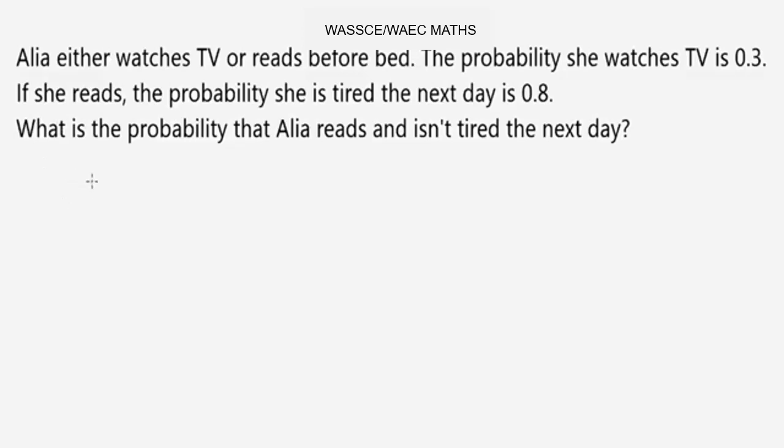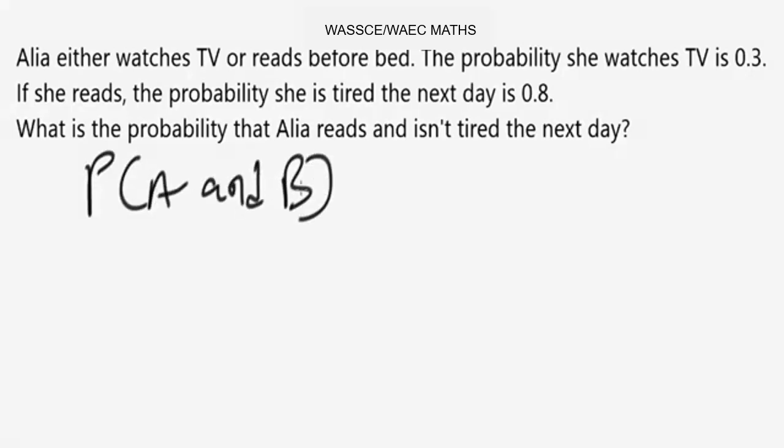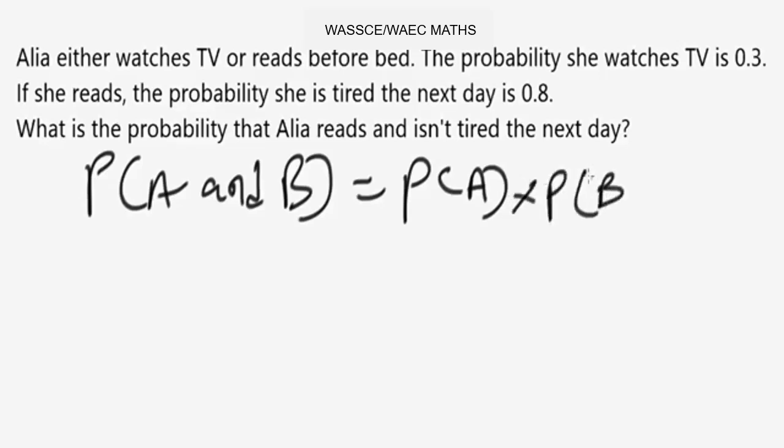Mathematically, P(A and B) = P(A) × P(B | A).